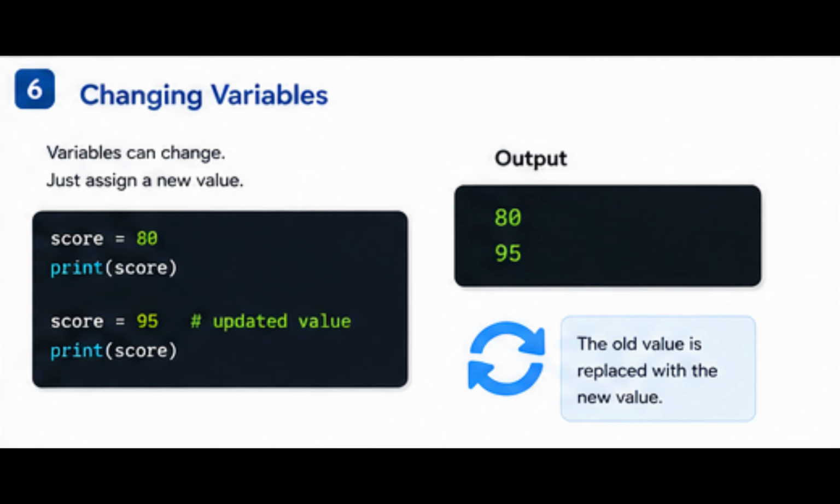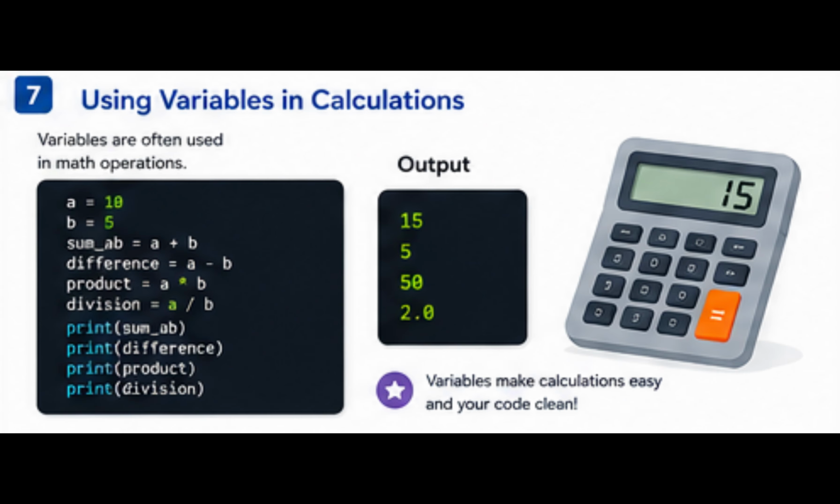Third, floats store decimal numbers like 3.14 or 72.5. Finally, booleans store only 2 possible values, true or false. These are commonly used when making decisions in programs. Understanding these basic data types is important because different types of data behave differently when we perform operations on them.